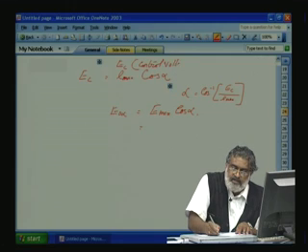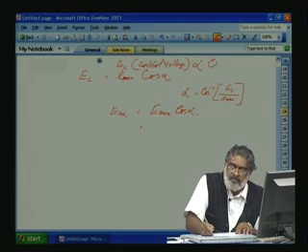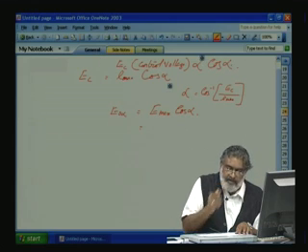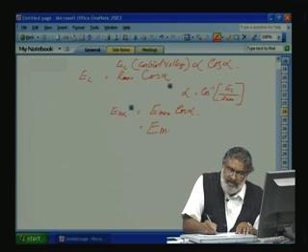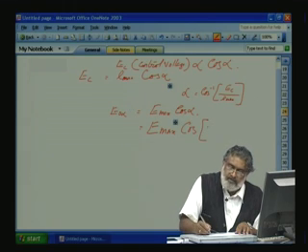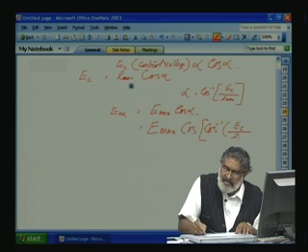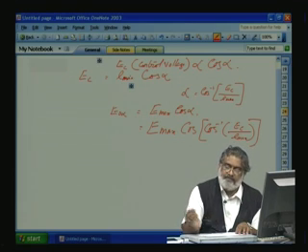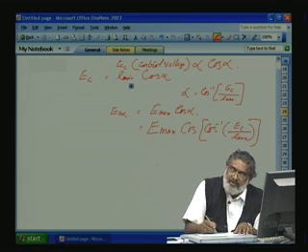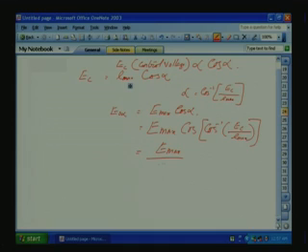So, here it will be E max into cos of cos inverse EC by E max. This is the control voltage maximum. This will be equal to E maximum divided by the control voltage maximum, maybe plus or minus 10 volt, into EC.